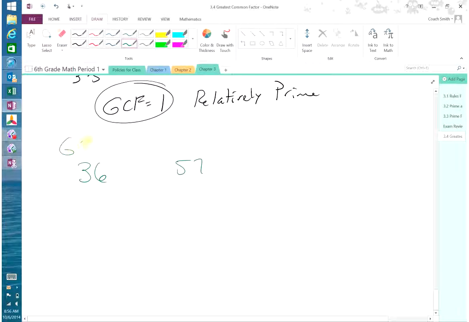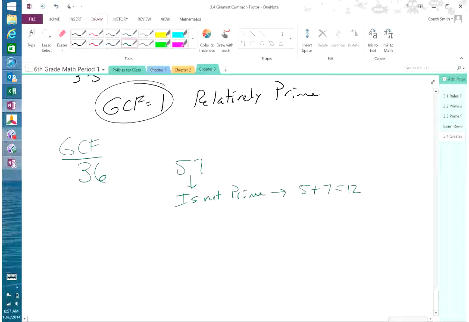GCF, listen. GCF of 36 and 57. 57 is not prime. The reason I know it's not prime is, what is 5 plus 7? 12. Does 3 go into 12? Then 3 has to go into 57.